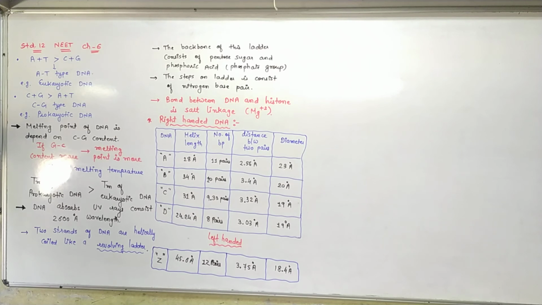The 10 raised to 9 and 10 raised to minus 9 cancel out, and multiply 6.6 into 0.34. So you will get the answer, 2.244 meter length. You calculate it. Actually, 2.2 meter is the length of the DNA.